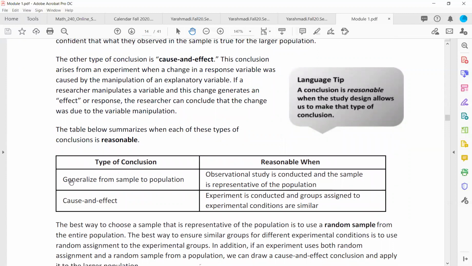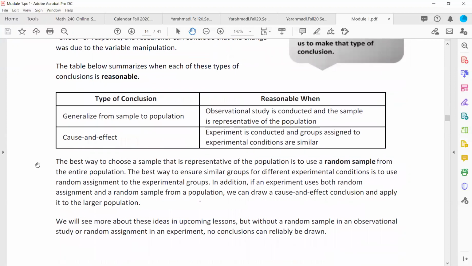Type of conclusion: generalize from sample to population, reasonable when an observational study is conducted and the sample is representative of the population. The second type of conclusion, cause and effect, is reasonable when an experiment is conducted and groups assigned to experimental conditions are similar.